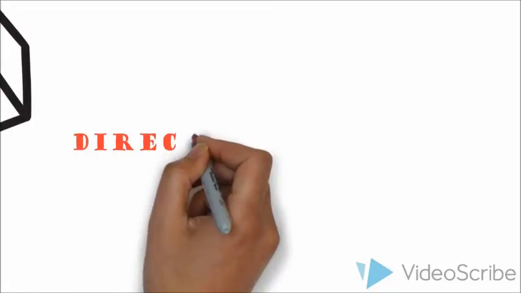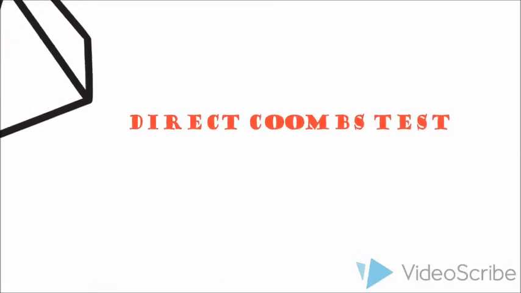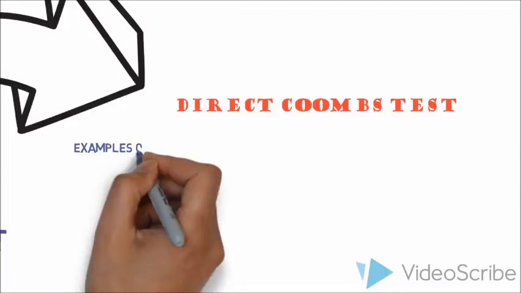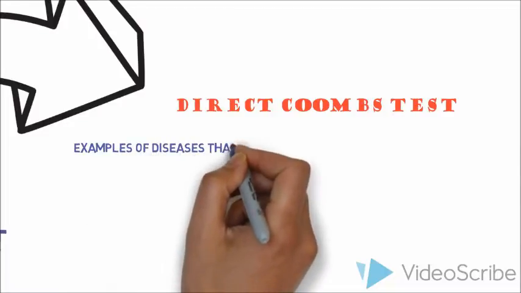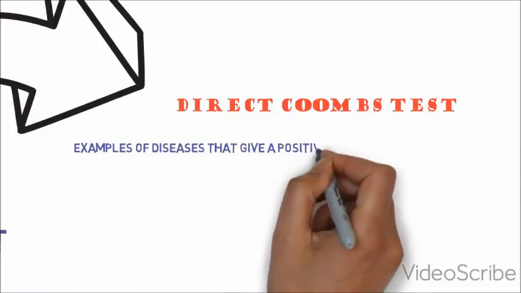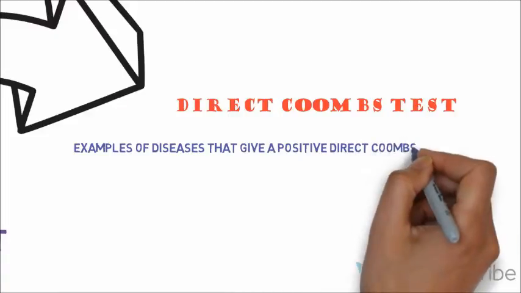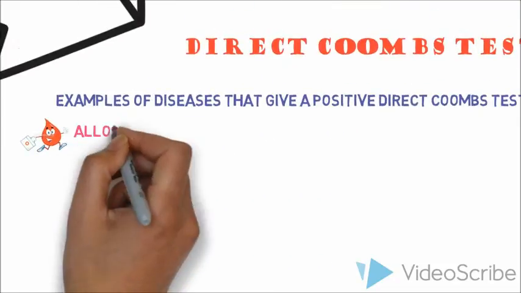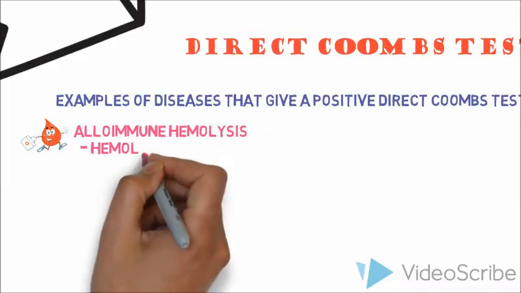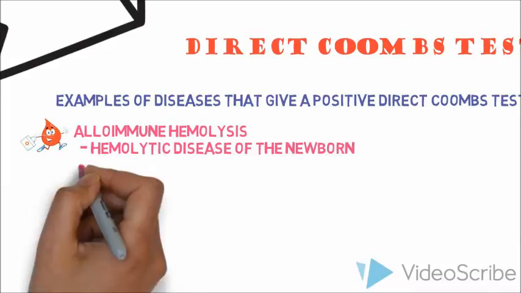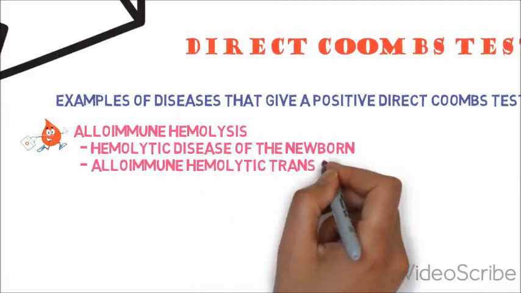Next, we move on to the first part, the direct Coombs test. Before that, we have to know examples of diseases that give a positive direct Coombs test. The first one is alloimmune hemolysis, which includes hemolytic disease of the newborn and alloimmune hemolytic transfusion reaction.